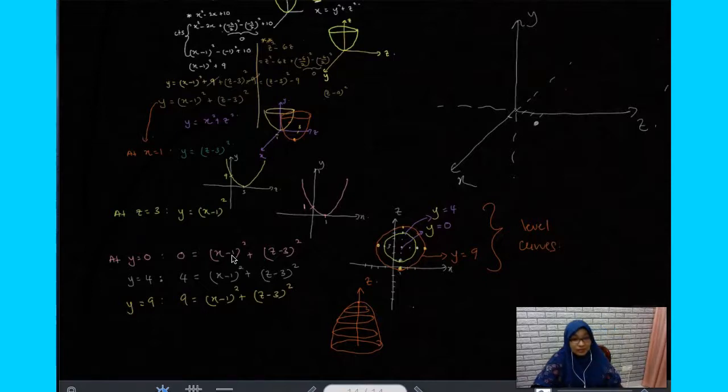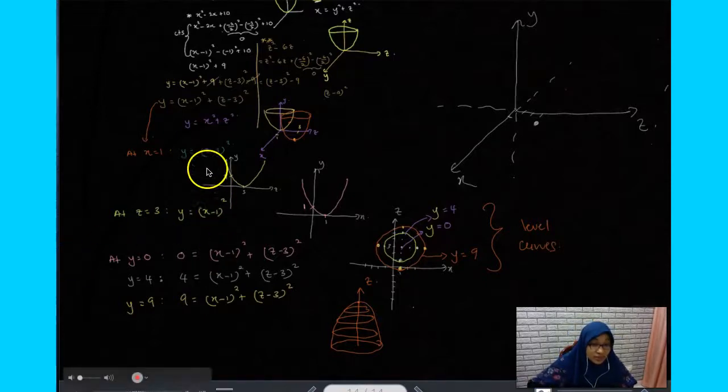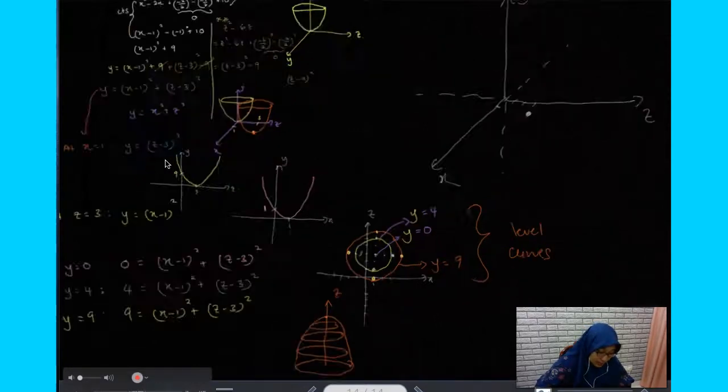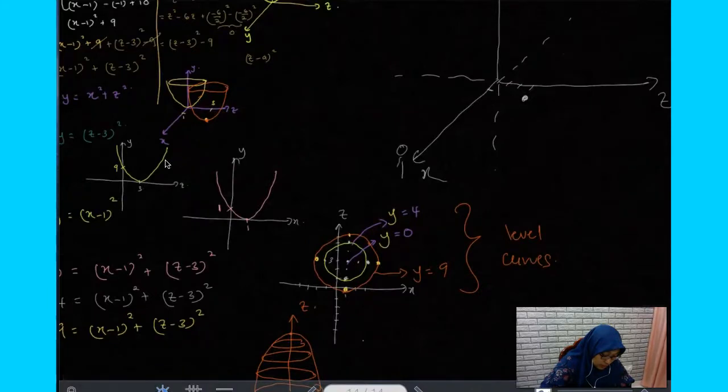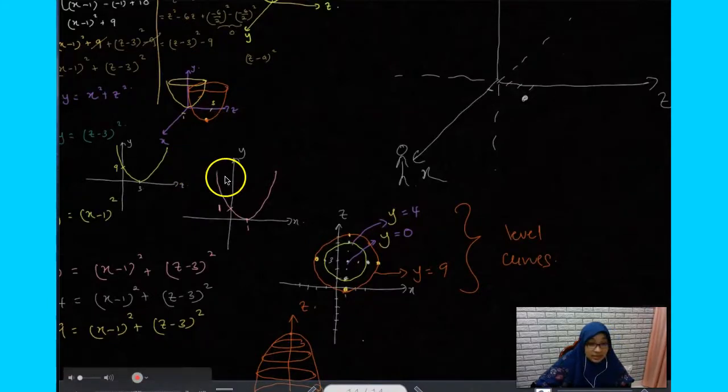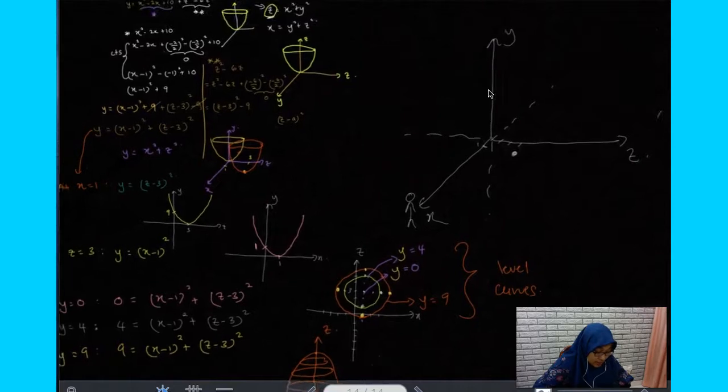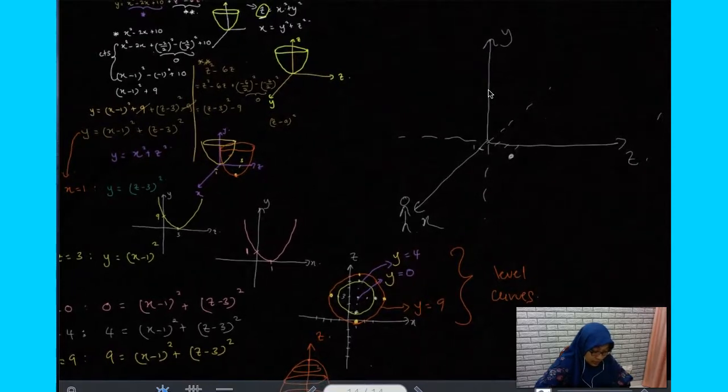That will become the center of your bowl. So now we start to sketch. This is when x equal to 1, which means that you are looking along the x, but now it's on x equal to 1. Not x equal to 0, but x equal to 1, that plane.